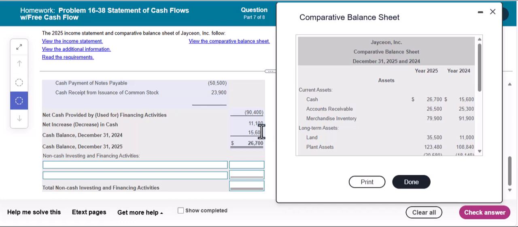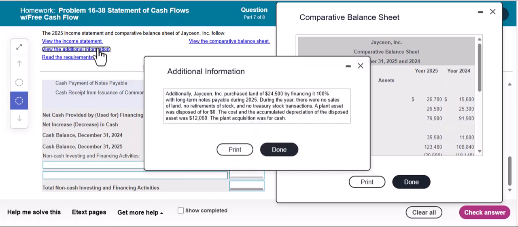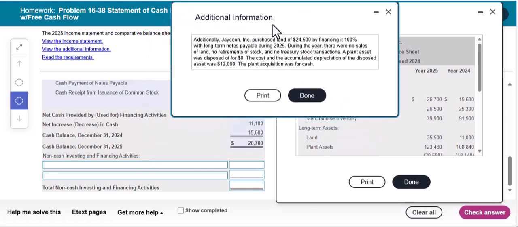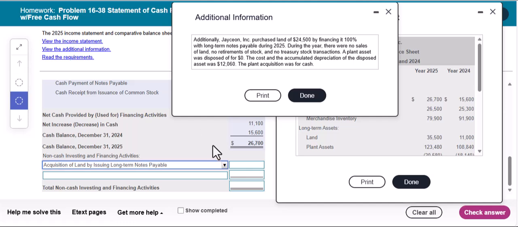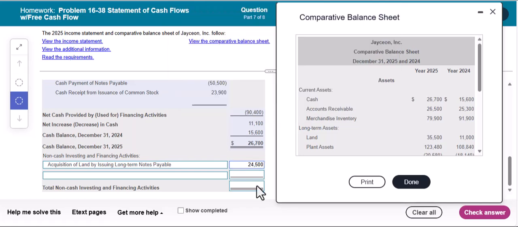So we have the non-cash investing and financing activities. So again, remember when we go back to the additional information, we purchased that land with that 24,500 with that long-term notes payable. So that ends up going down here. So we are having acquisition of land by issuing long-term notes payable, and that amount is 24,500, and that is positive. And that's the only one in that non-cash investing and financing activities.